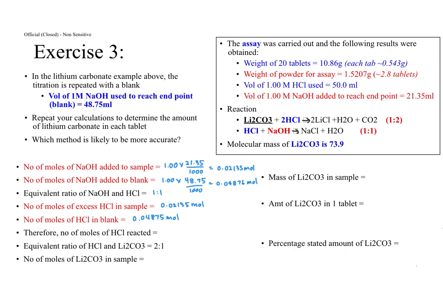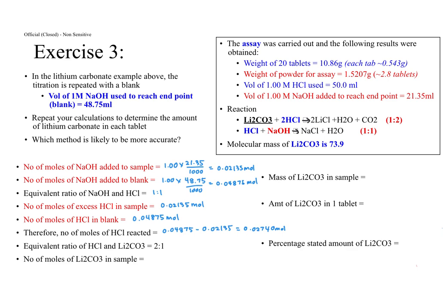Therefore, the number of moles of HCl reacted is the number of moles of HCl in the blank minus the number of moles of excess HCl in the sample. So that's 0.02740 moles.